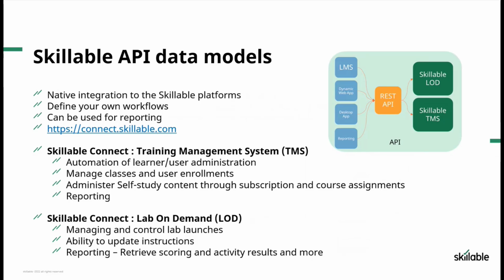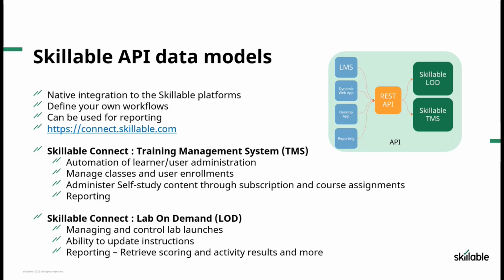So moving forward, and just before our first demo, we're going to talk briefly about our different API models. There are two Skillable API data models that are fully documented within Skillable Connect: the Skillable Connect TMS edition and the Skillable Connect LOD edition.